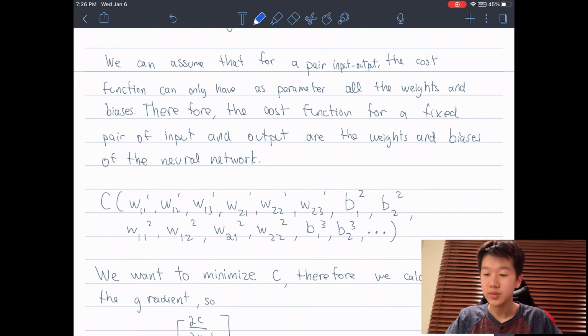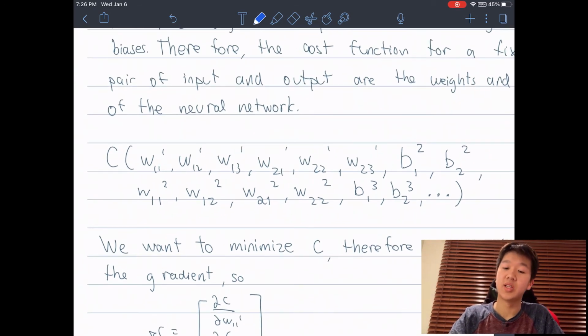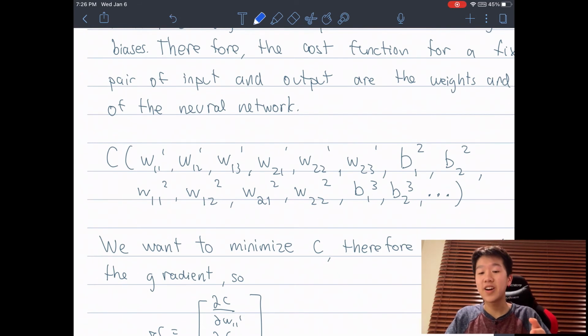So this means that the cost function for a given pair of input and output depends only on the weights and the biases. So we can have that C is a function that takes W1,1 of the layer 1, W1,2 of the layer 1, W1,3 of the layer 1, W2,1 of the layer 1, W2,2 of the layer 1.